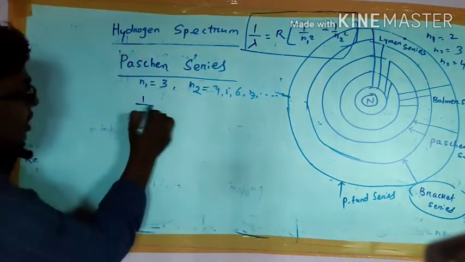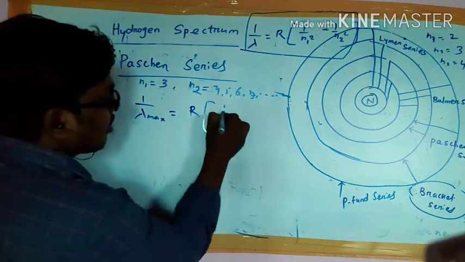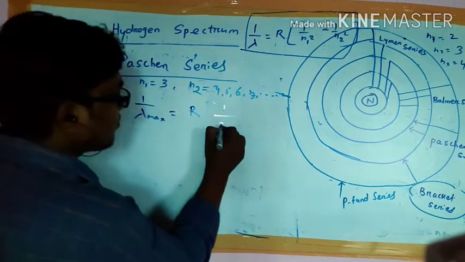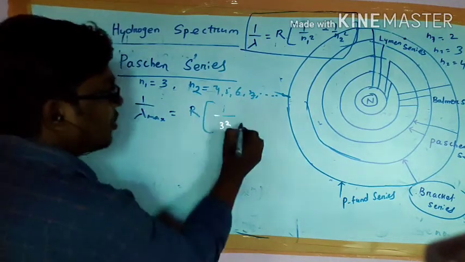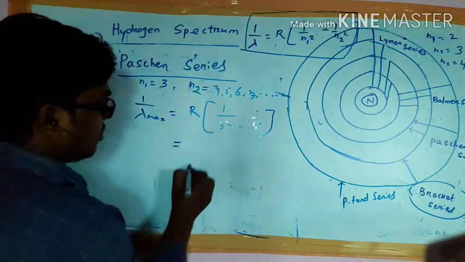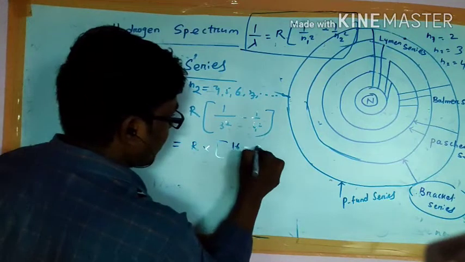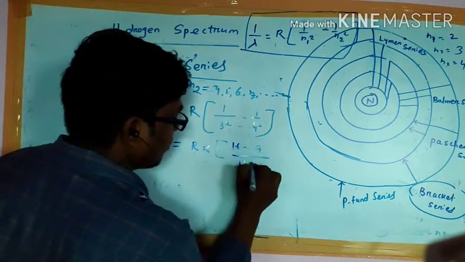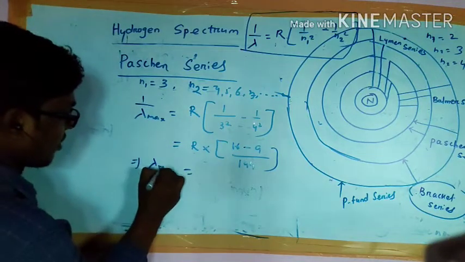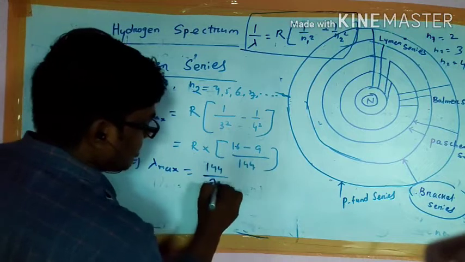So 1 by lambda maximum is equal to R into 1 by 3 square minus 1 by 4 square, and this equals R into (16 minus 9) by 144, so lambda max is equal to 144 by 7R.